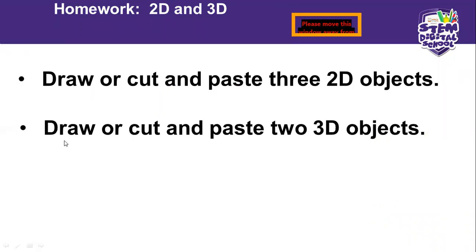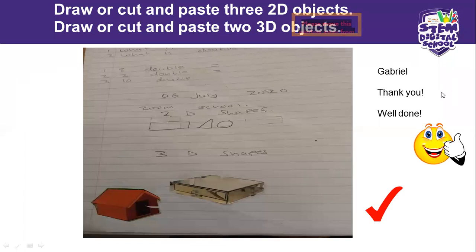Now let's see the second part of the homework. You were supposed to draw or cut and paste 2 3D objects. Here we see Gabriel. He's cut and pasted a house there. And there's another shape. I can't really see what it is, but it is a 3D object.